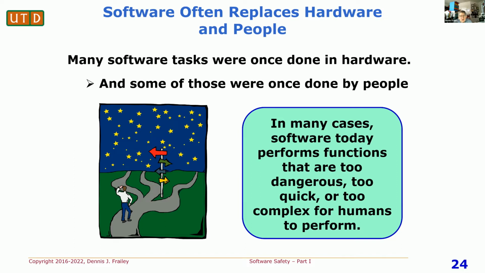Sometimes they are too quick for people to be able to do them. For example, anti-lock brakes function because software is faster than people could possibly be in terms of knowing what to do with the brakes under certain situations.